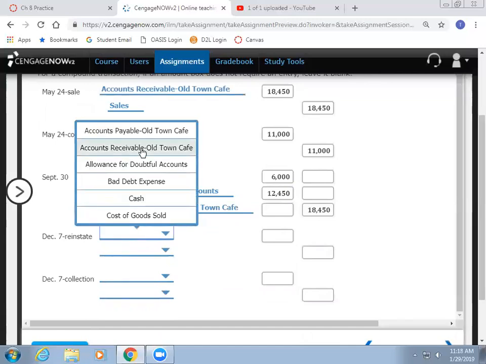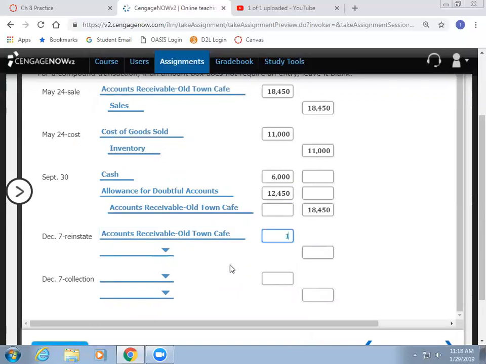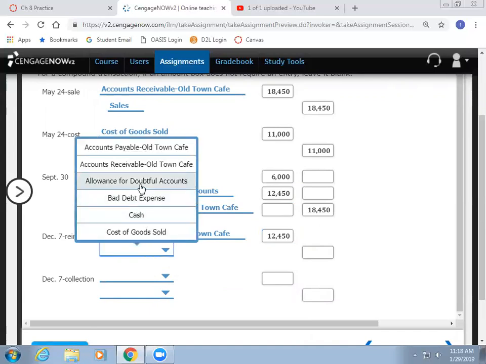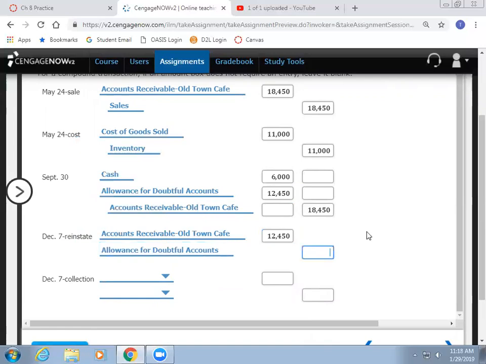So we're debiting their account to reinstate it. I debit Old Town Cafe accounts receivable, and I'm going to credit allowance for doubtful accounts. I'm crediting this back, just canceling it out, because we reinstated it.